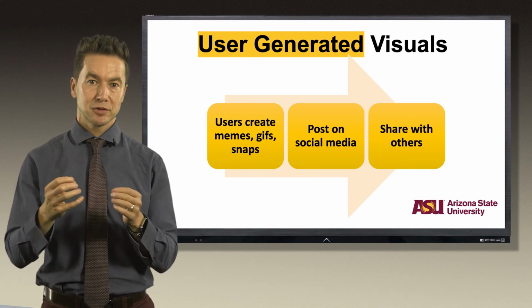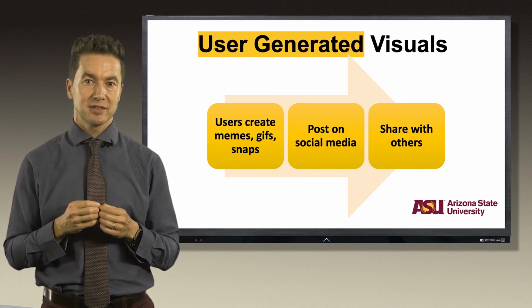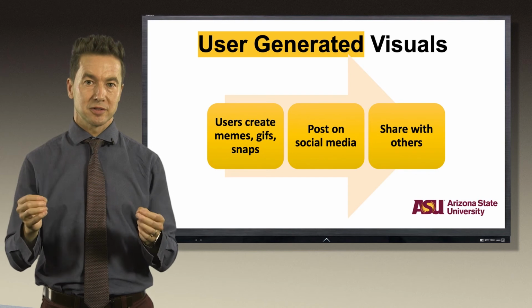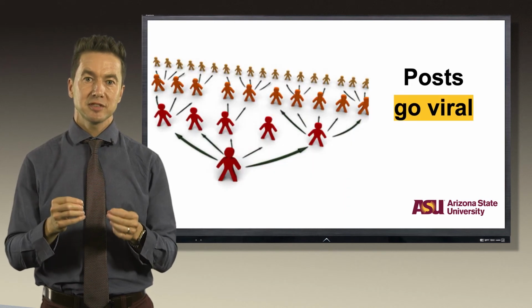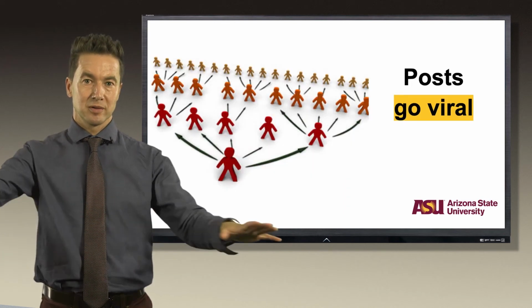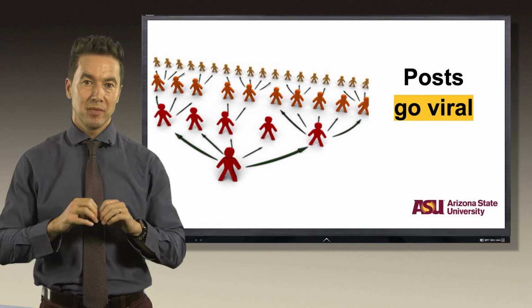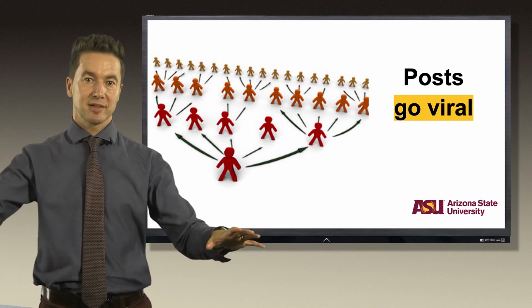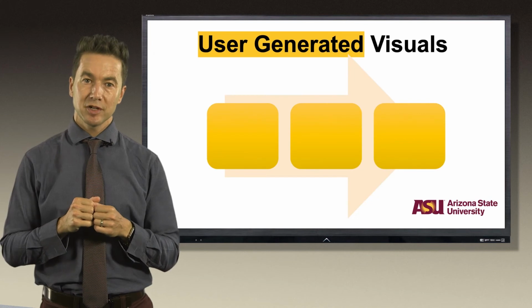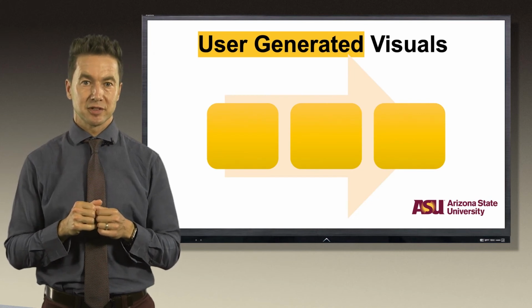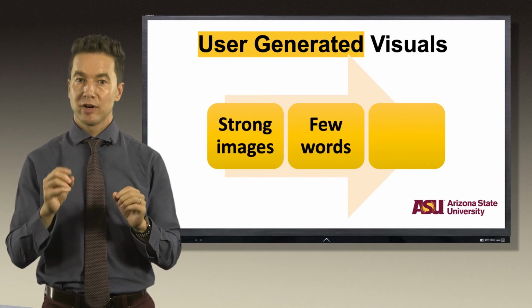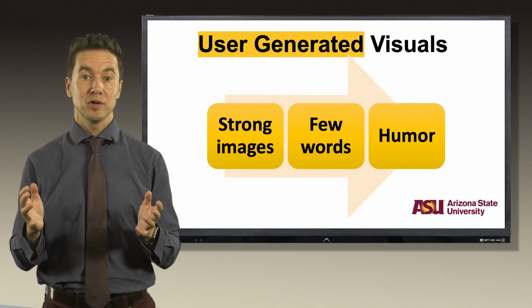Other users receive them on their news feeds and share them with other users. These pieces of content can go viral, meaning they're shared by many people very quickly. This user-generated content tells stories using strong images, very few words, and humor.